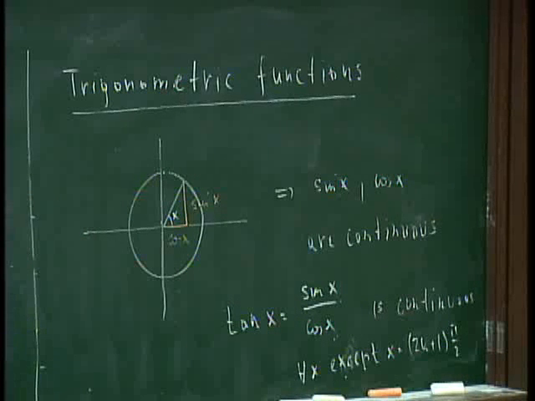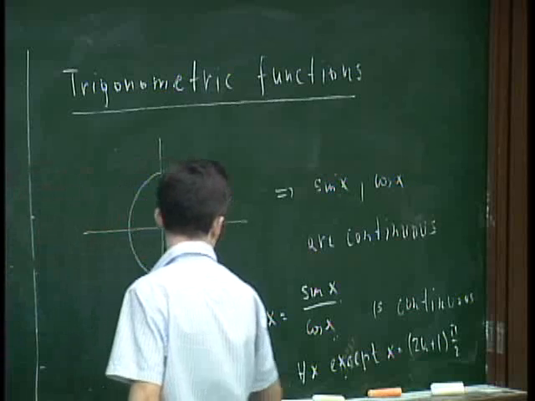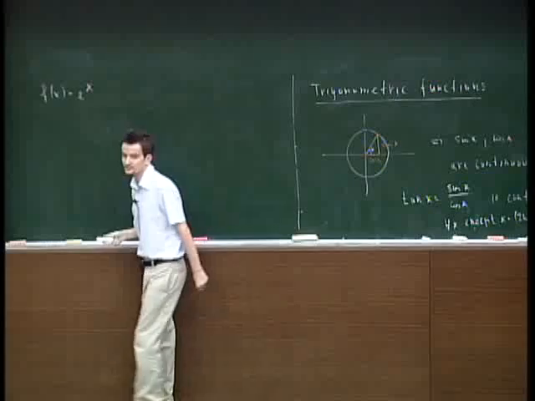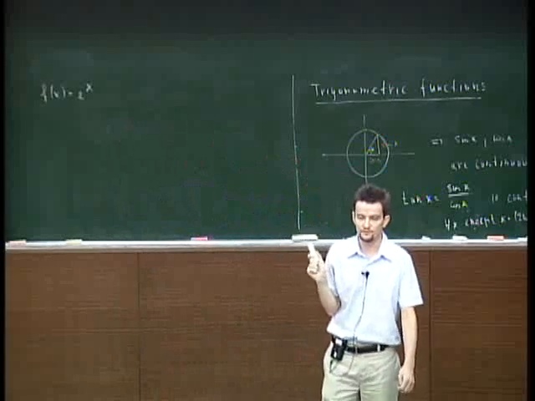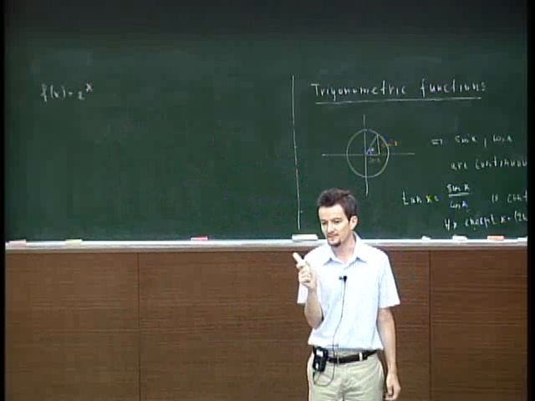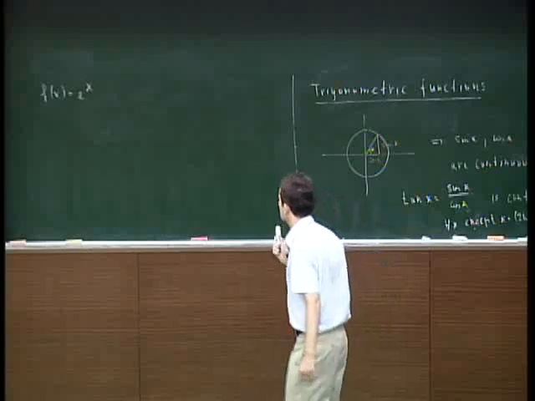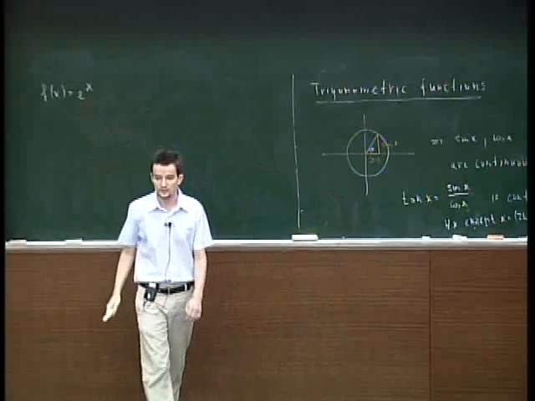Now the final set of functions which are left are exponential functions. So if we look at f of x is equal to e to the x, why is this function continuous? Actually, for this function, it's a little bit hard to argue because we haven't defined it precisely. But if you remember, the problem we had was defining this function when x is an irrational number.